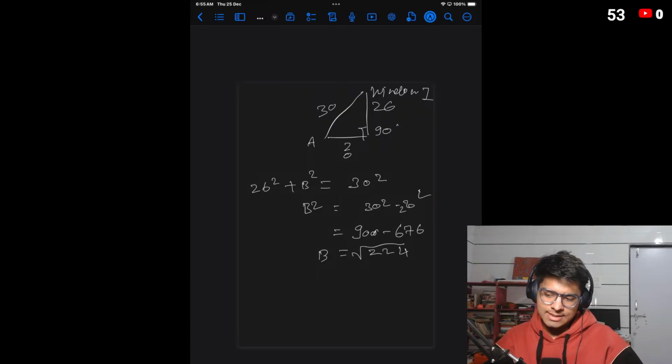20 square is, okay, 10 square is 100. 12 square is 144. 13 square 169. 14 square 196. 15 square 225.